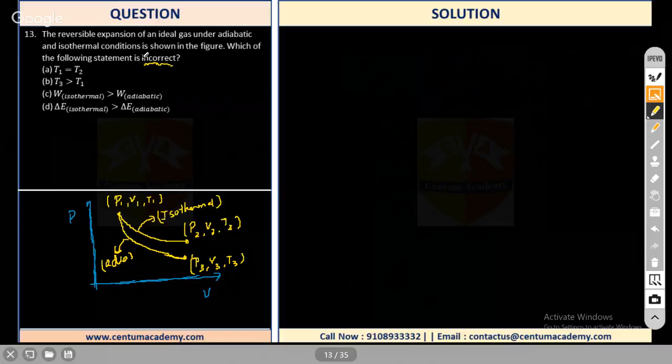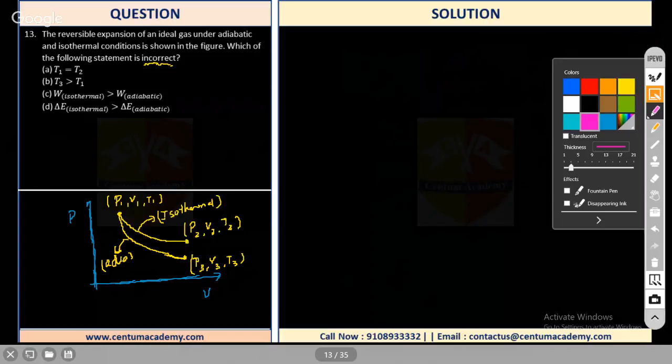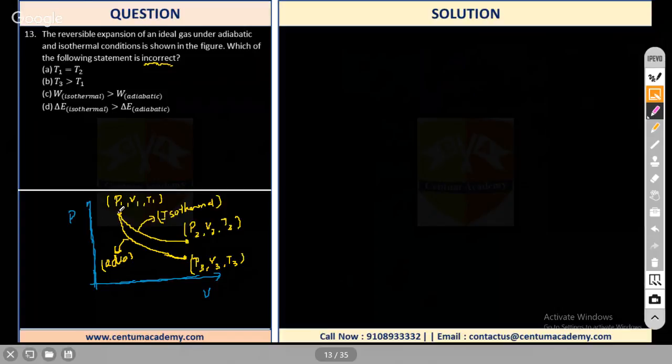See, first of all, from this point to this point, the process is what? The process is isothermal. Hence, T1 is equal to T2. So option A is correct.